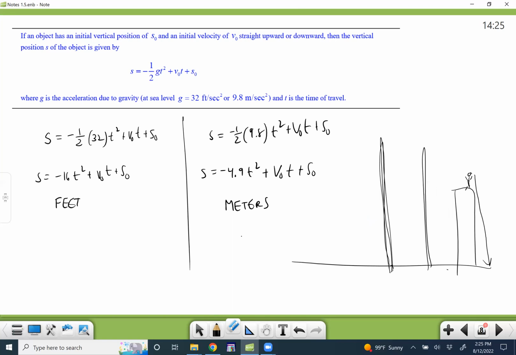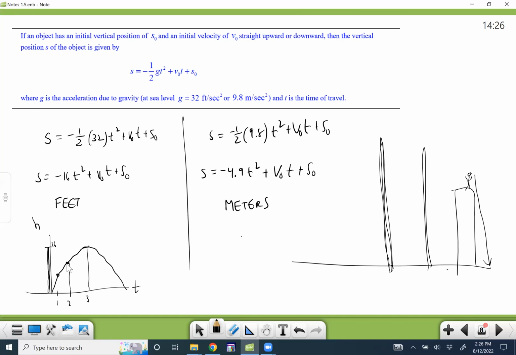Now, when I graph this, the graphs of this, they do look parabolic because the way we graph them is we put time along the x-axis and we put height, or s, along the y-axis. And so while the object is moving like this, let's say it hits 16 and then it comes back down, what I'll graph is this parabola, because I'll show you at 1 second, it was this high. At 2 seconds, it was this high. Let's say at 3 seconds, it reached the maximum of 16.